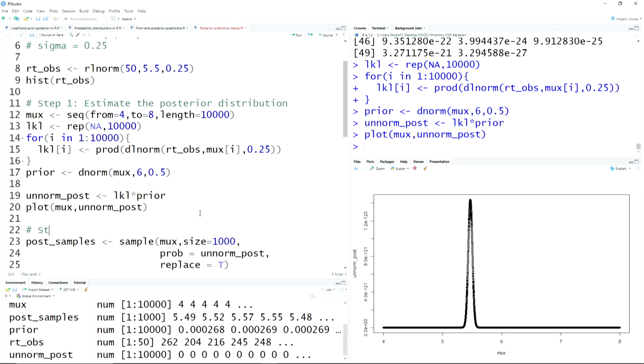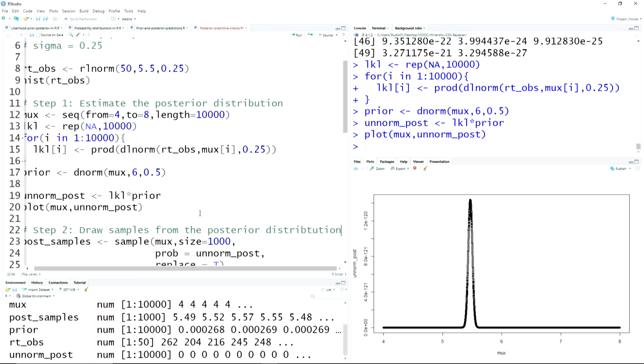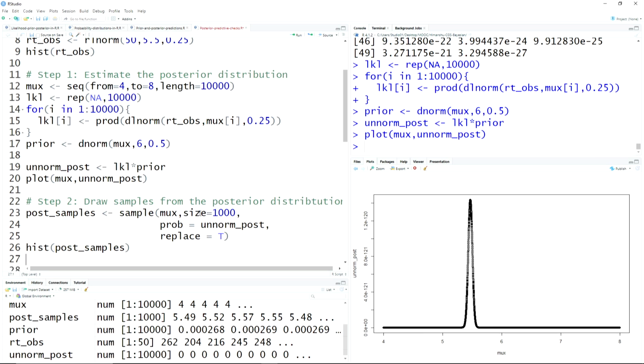Now, step 2 would be to draw samples from the posterior distribution, because this is a posterior predictive check, not a prior predictive check. We draw samples from the posterior distribution of mu, and for that you can use a sample function.